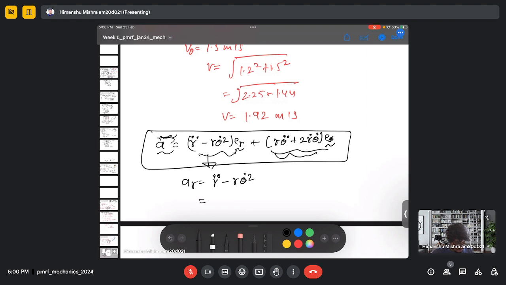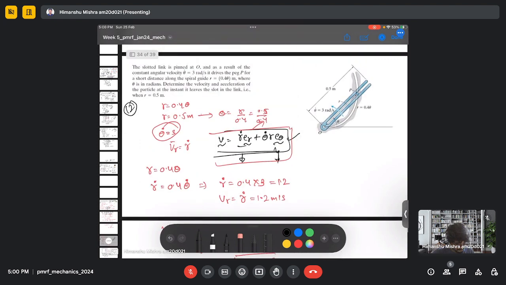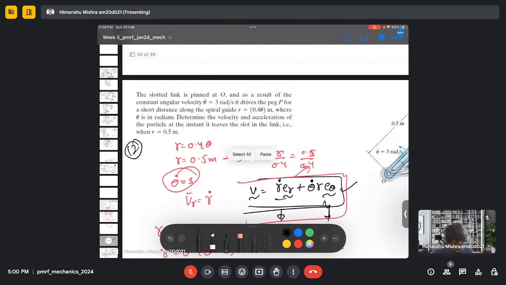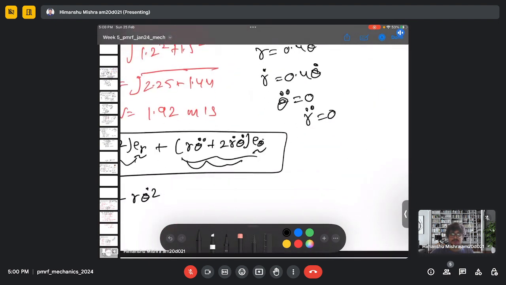So we have r, which is 0.4 theta, r dot, which is 0.4 theta dot, but theta dot is a constant, which means theta double dot will be 0, which makes r double dot 0, because theta dot is 3, which is a constant, and it is given in the question that there is a constant angular velocity theta dot. So theta double dot will be 0, since the rate of change of theta dot will be 0.